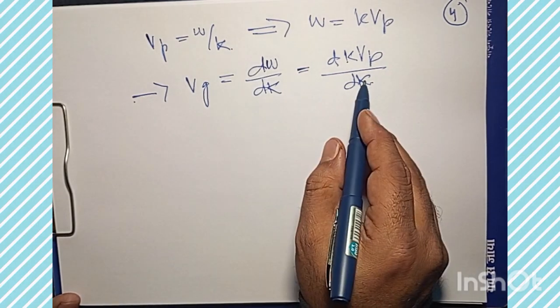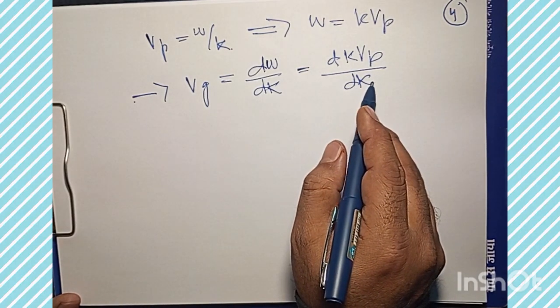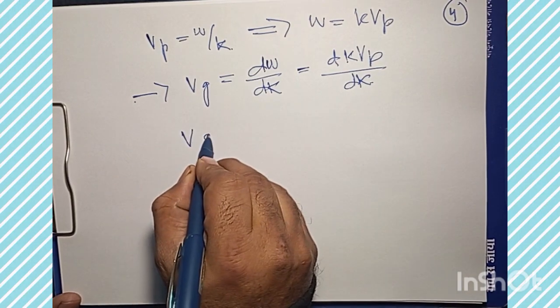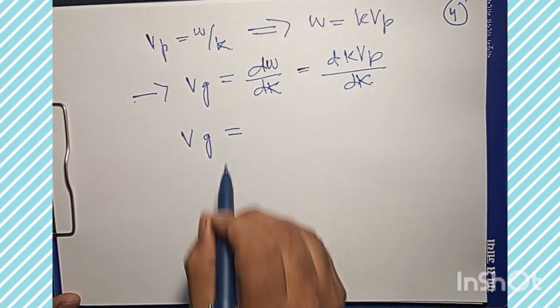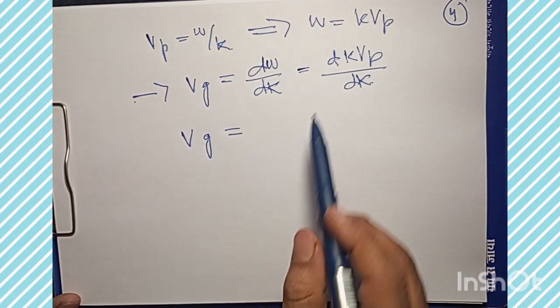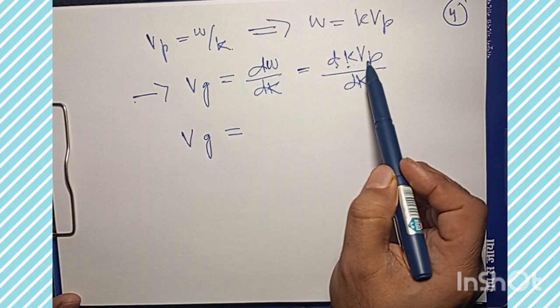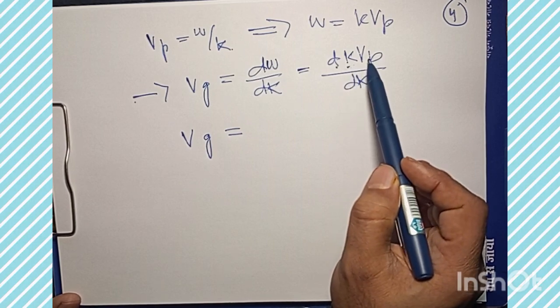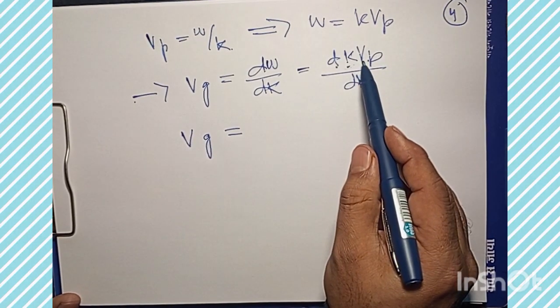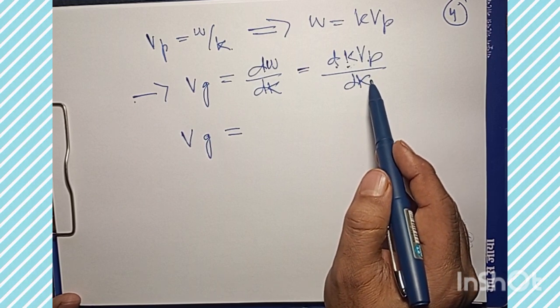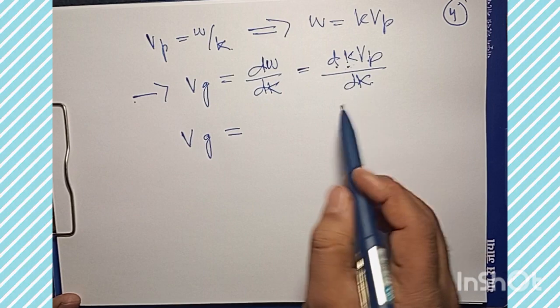Now what's going to happen here is that we have this vg, which is equal to the differentiation of k and vp, and in the denominator we have dk.